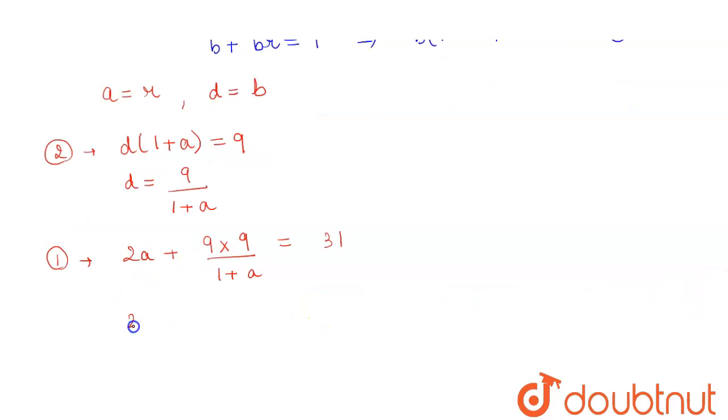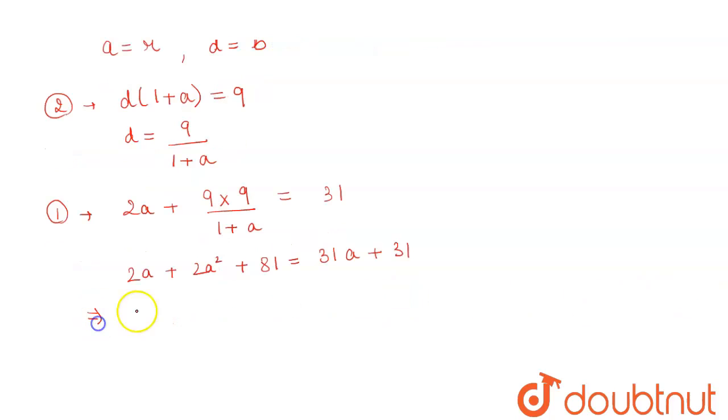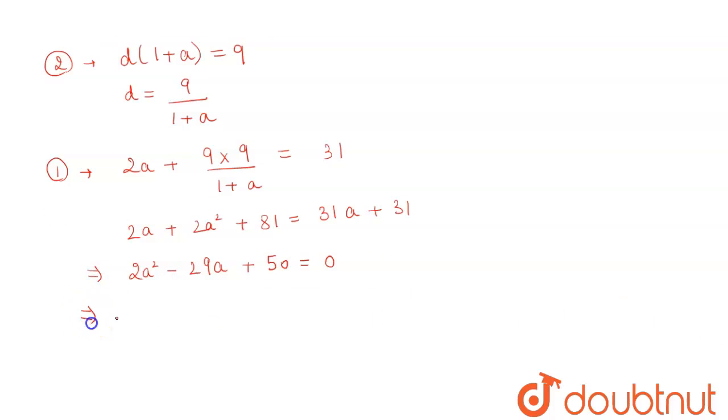Now we will take the LCM. 2a + 2a² + 81 = 31a + 31, taking this to the other side. Solving this, we get 2a² - 29a + 50 = 0. Now we can solve this by middle term splitting. This becomes 2a² - 25a - 4a + 50 = 0.